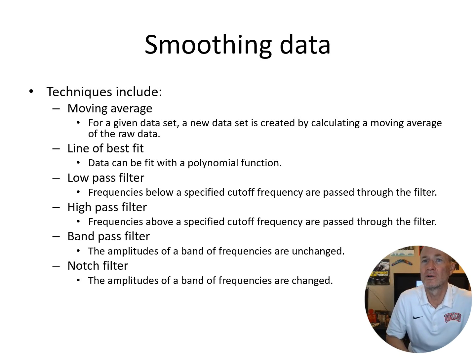A high-pass filter, frequencies above a specified cutoff frequency are passed through the filter. A bandpass filter is where amplitudes of the bandpass of a frequency are unchanged. So I give a low frequency, I give a higher frequency, and I want that band of frequencies to pass through for analysis. And a notch filter is just the opposite of that. The amplitudes of a bandpass frequencies are changed.